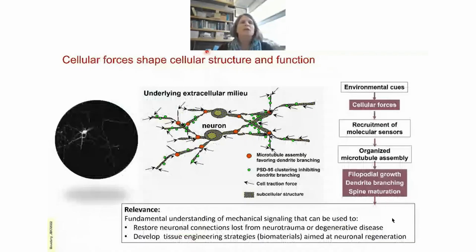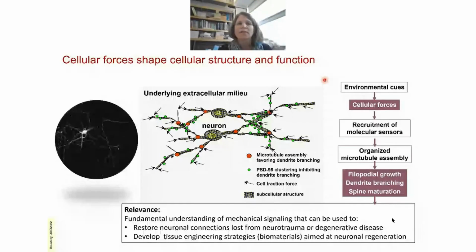So cellular morphology and structure determine biological function. Morphological change involves physical changes that must involve forces and displacements. One way to look at this problem is the following scheme: in response to environmental cues, cellular forces will be created, or cells will be sensing forces, and displacement will occur intracellularly.